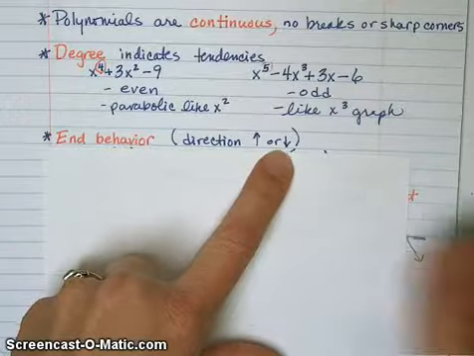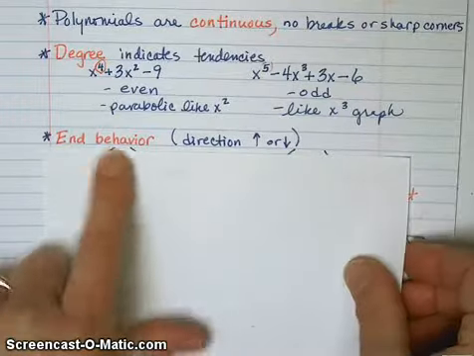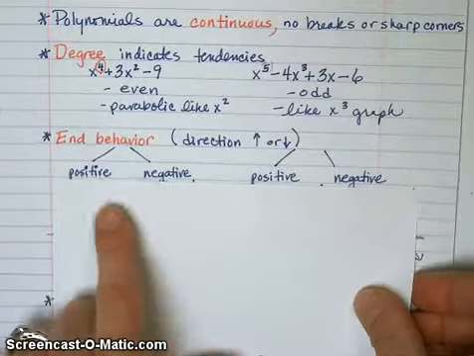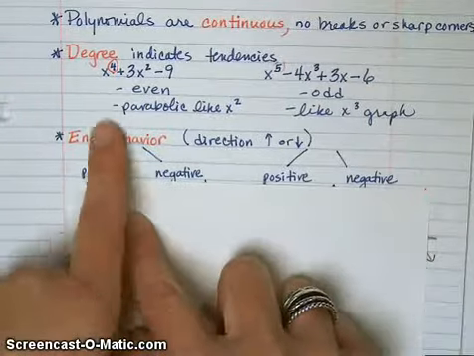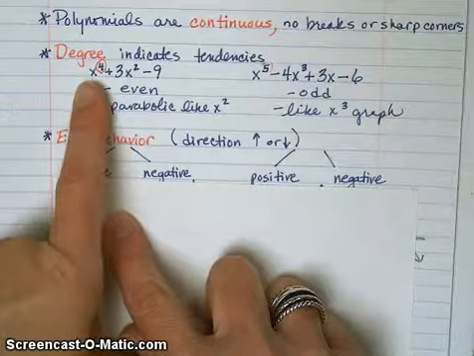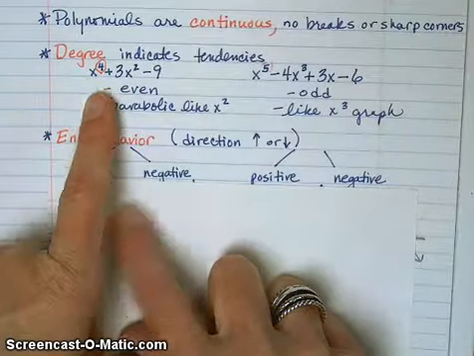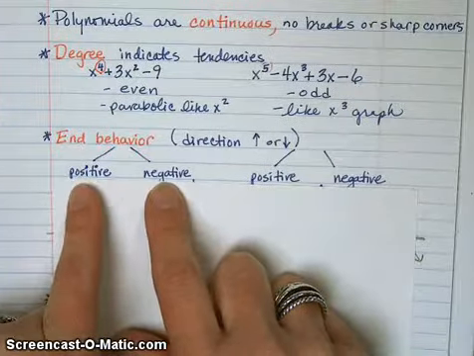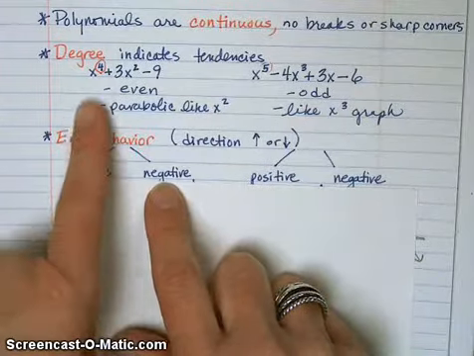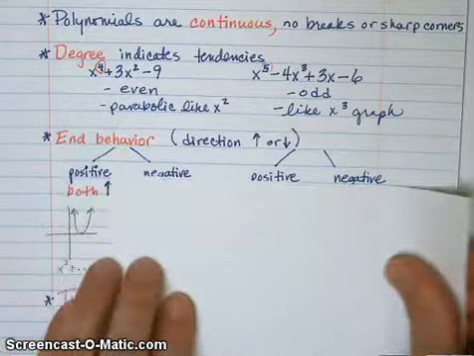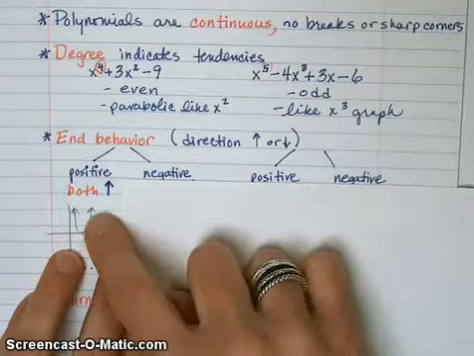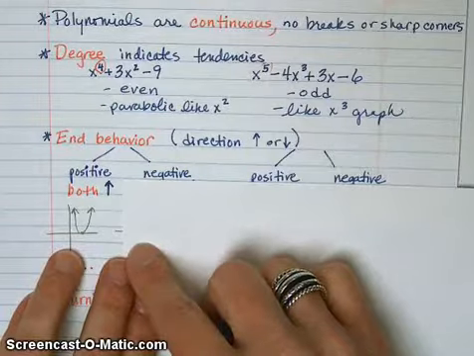And so if you have an even function, let's look at the leading coefficient. It could be a positive x to the fourth, it could be a negative x to the fourth. And that affects your end behavior. So if my leading coefficient is positive and it's parabolic, it's going to be just like a parabola, and both ends are going to be up. That one's pretty easy to identify.